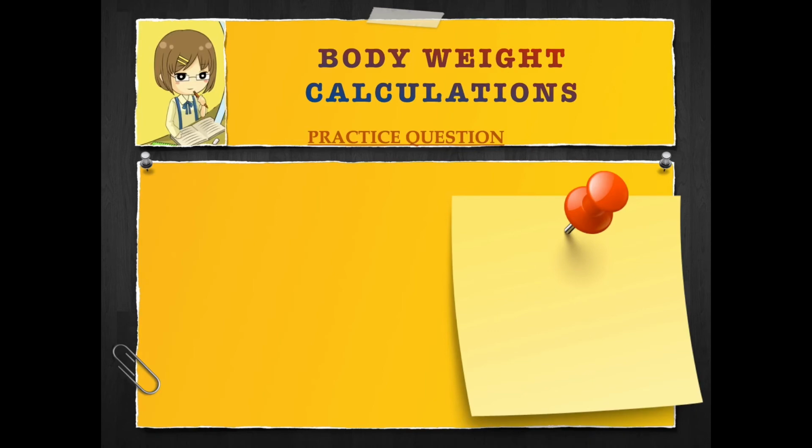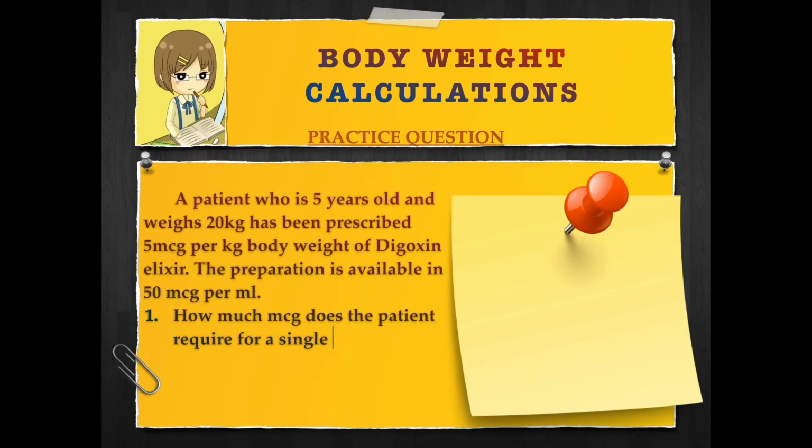So we can see a practice question for body weight calculation. A patient who is 5 years old and weighs 20 kg has been prescribed 5 microgram per kilogram body weight of digoxin elixir. That's a syrup. And the preparation is available in 50 microgram per ml. So the unit is the same.